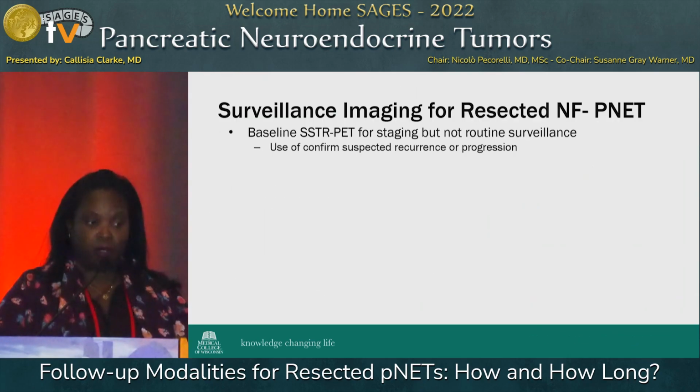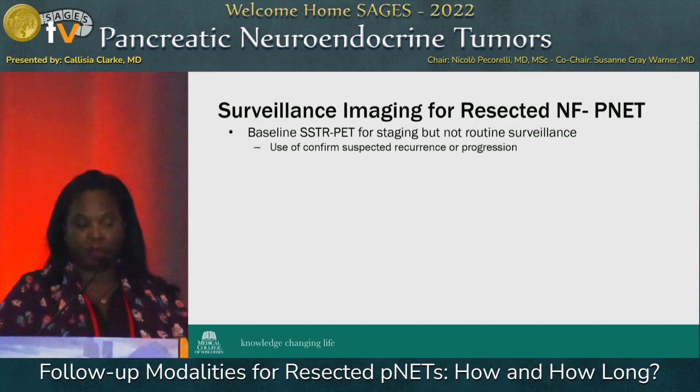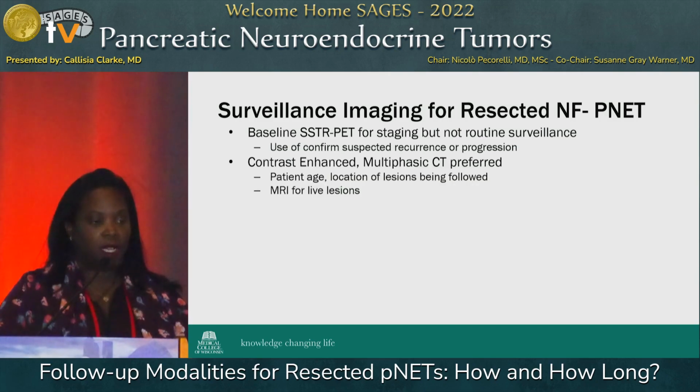So in general, just to summarize what we talked about, the somatostatin receptor PETs are really good for staging, but not for routine surveillance. And again, we really only use them to confirm recurrence or progression. CT scan is preferred, and I think there are some considerations, such as patient age, which we talked about, and the location of the lesions being followed.